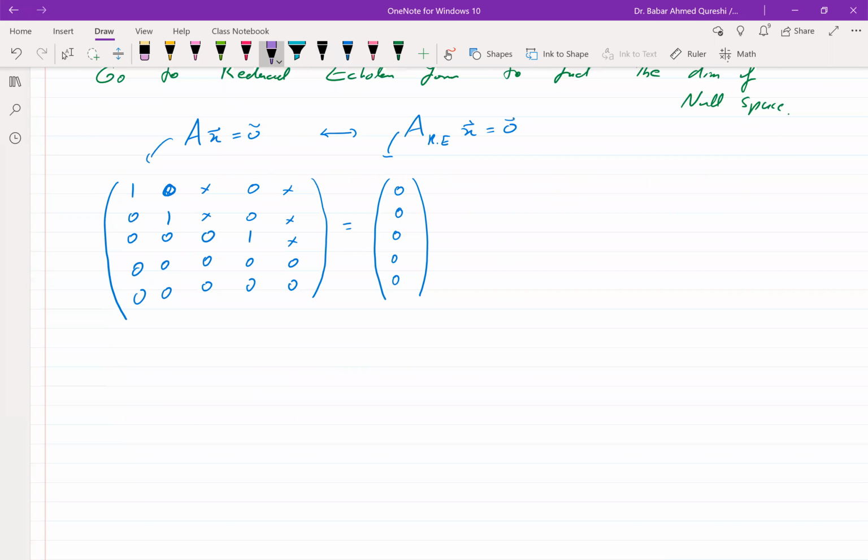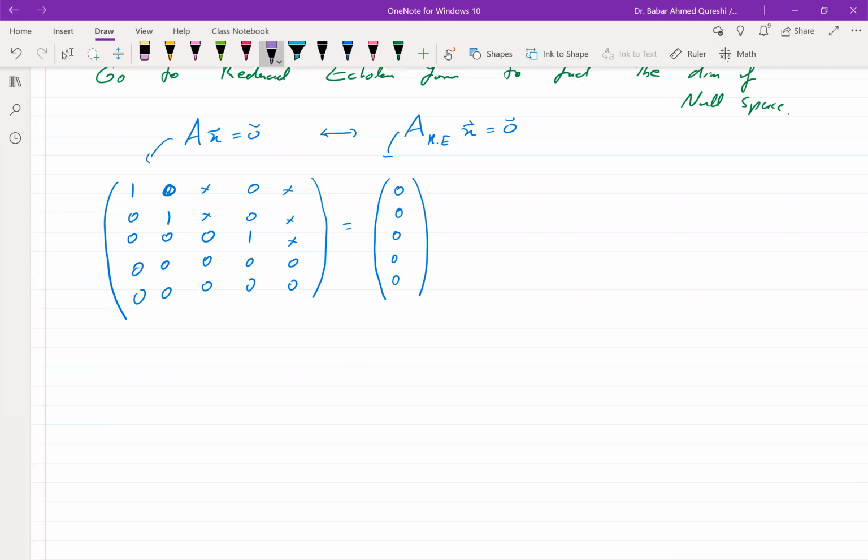And all the possible solutions look like this. For the free variables, you just put them equal to something free, any number. In this case, which ones are free?